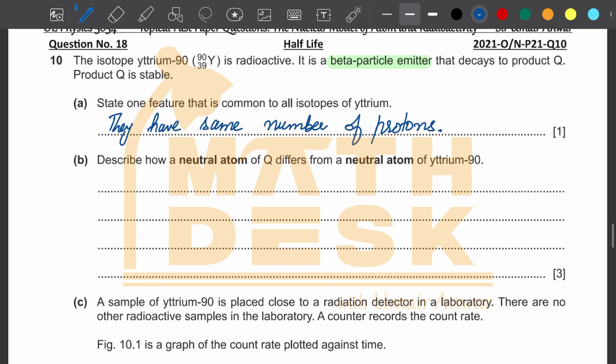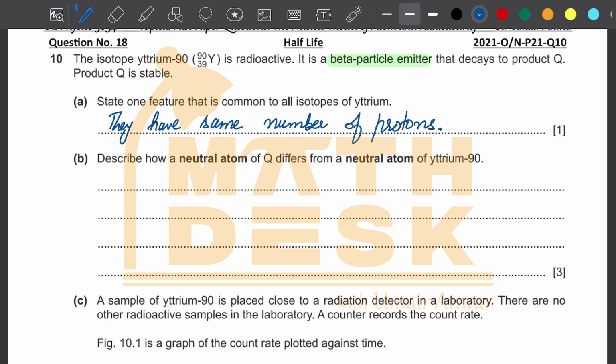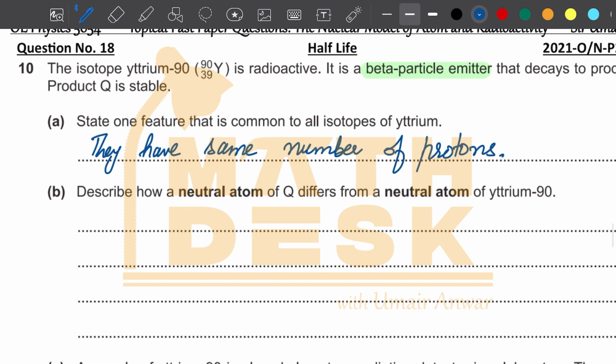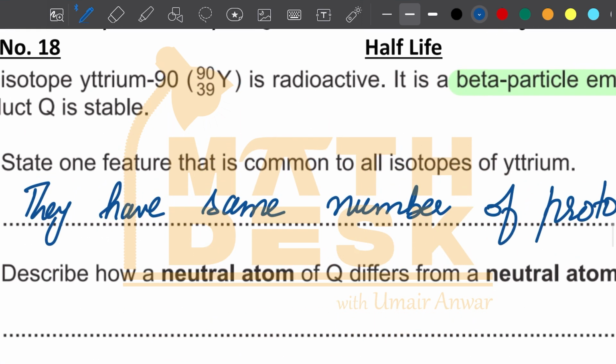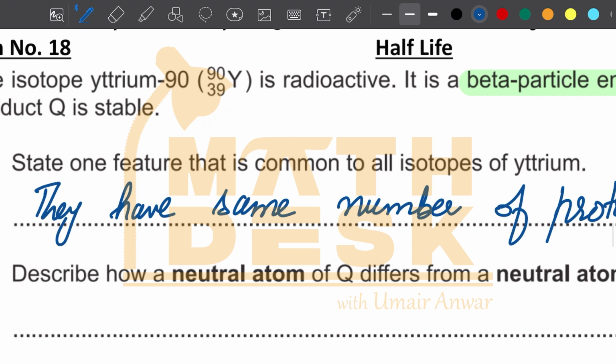Describe how a neutral atom of Q differs from a neutral atom of yttrium. Since product Q is being formed when yttrium is undergoing a beta decay, let me write the equation first. We are starting with yttrium-90, atomic number 39.